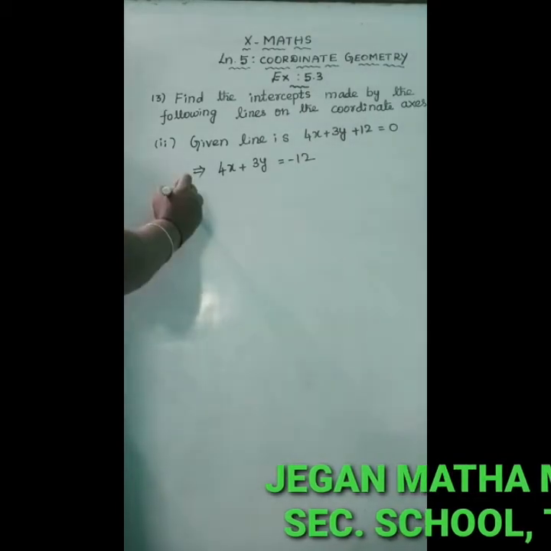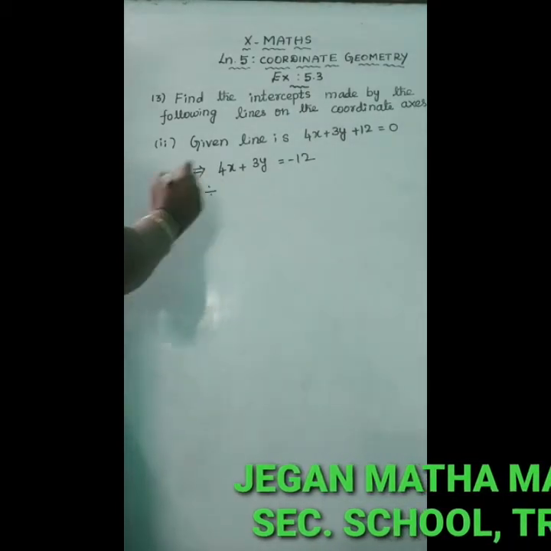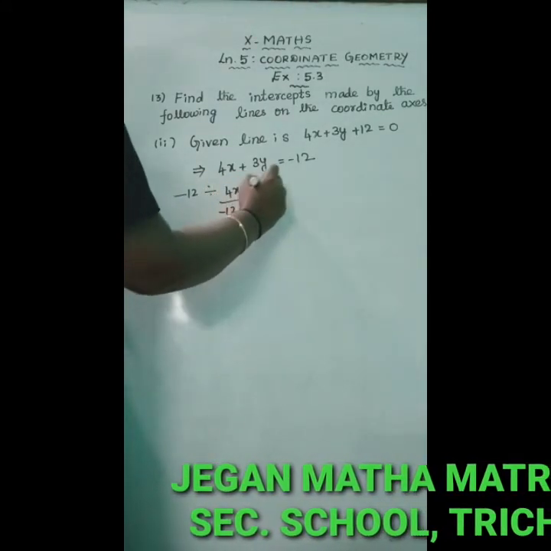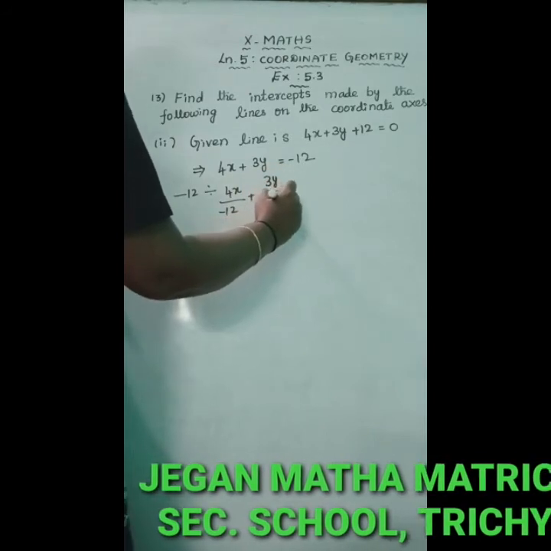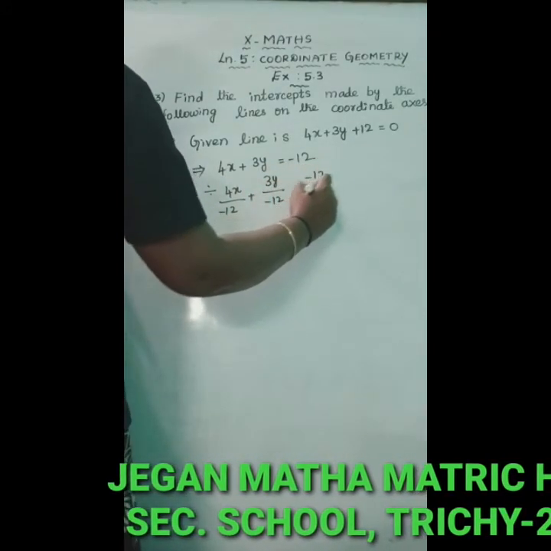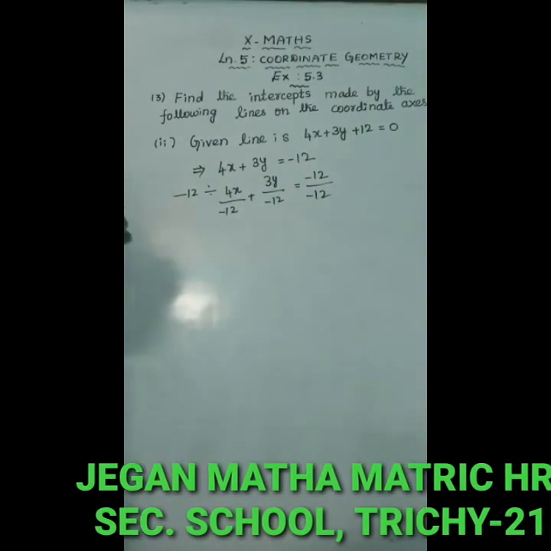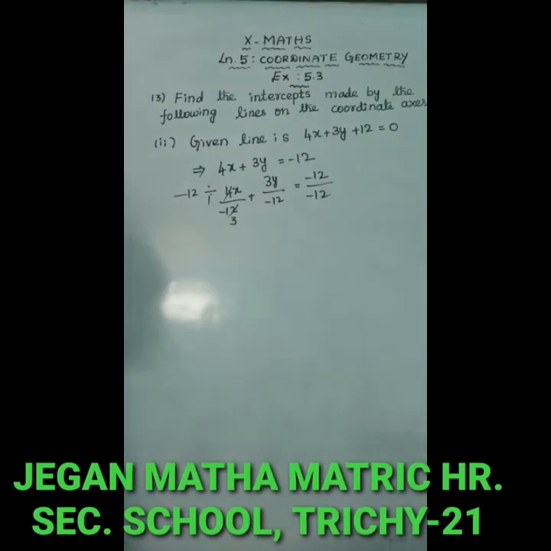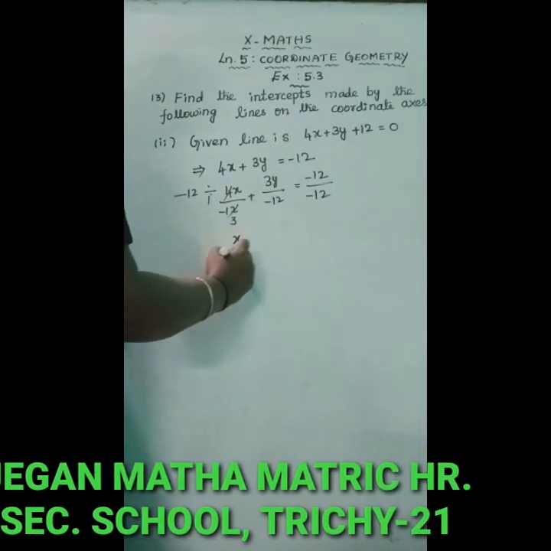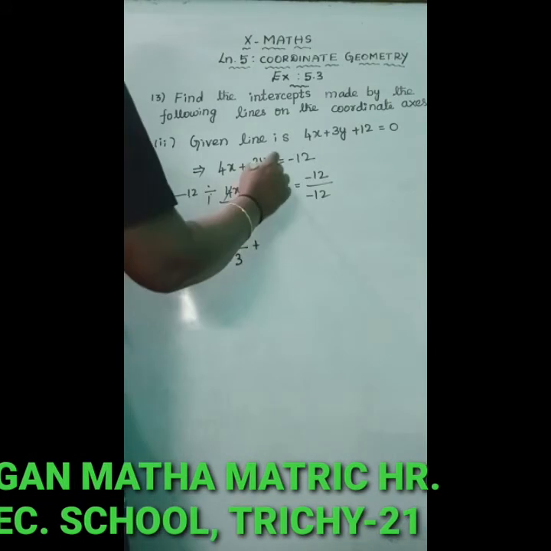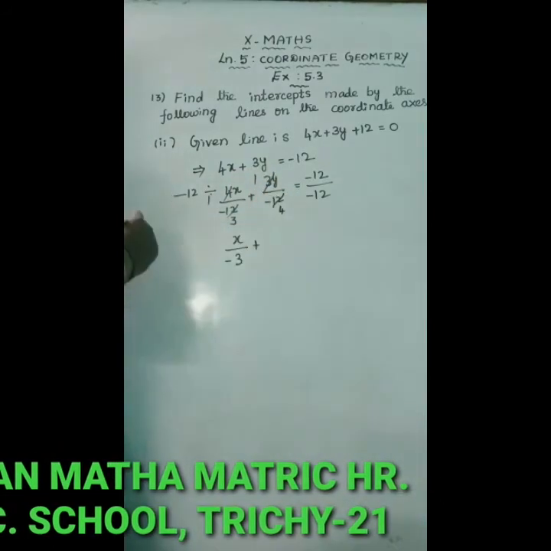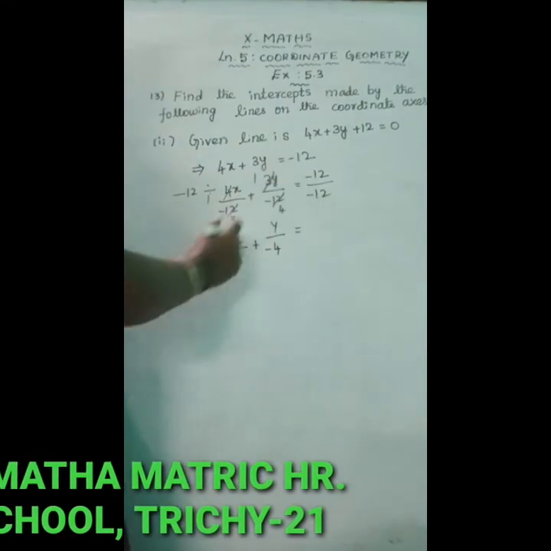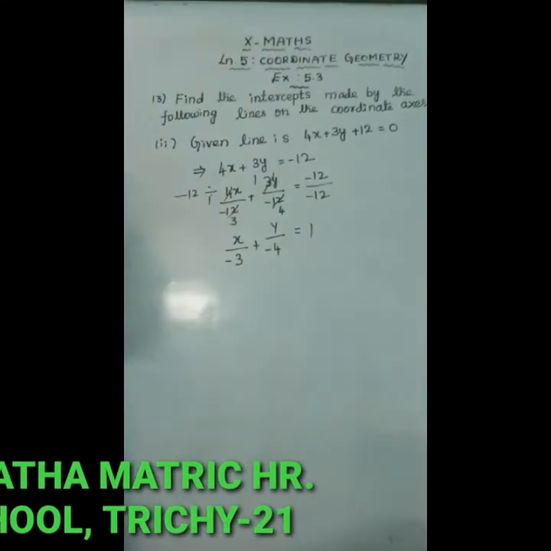So dividing by minus 12 on both sides, we have 4x divided by minus 12 plus 3y divided by minus 12 is equal to minus 12 divided by minus 12. So simplify using the 4 table. 1 4s are 4, then 3 4s are 12. So x divided by minus 3 plus 1 3s are 3, 4 3s are 12, so y divided by minus 4. Then minus 12 divided by minus 12, we have 1.